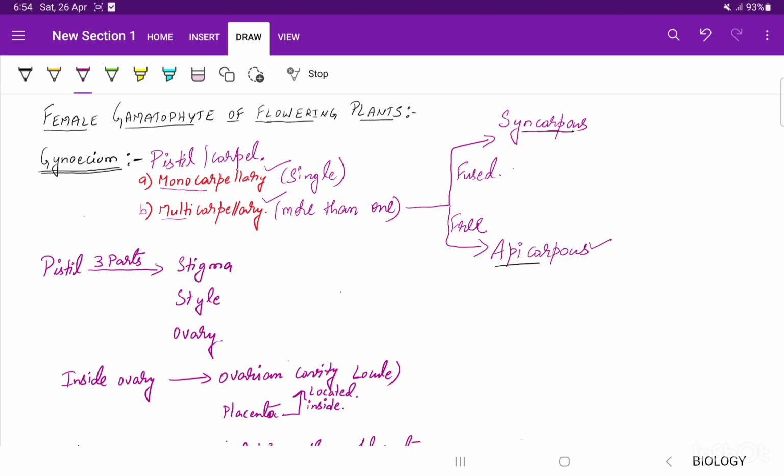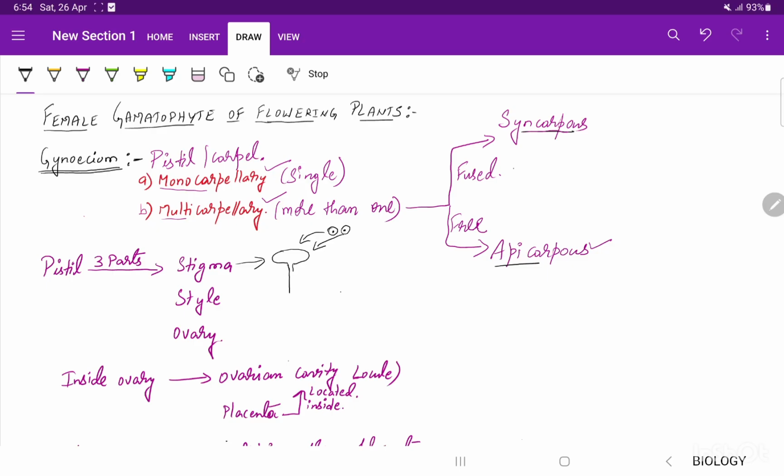Now we will see what are the parts present on the pistil. There is a landing portion of pollen grain that is called stigma. The pollen grains which are formed on the stamen, that is the anther, fall on the stigma.